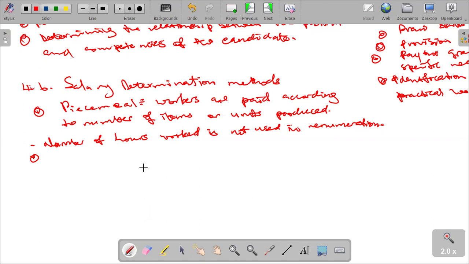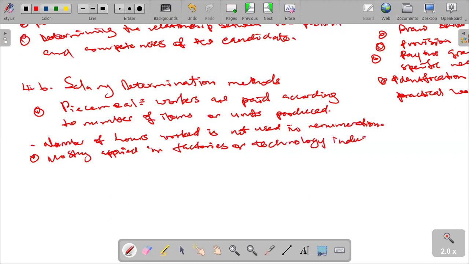We can as well add another point: it is mostly applied in factories, particularly in the textile and technology industries. These are some of the conditions or places where it can be used.